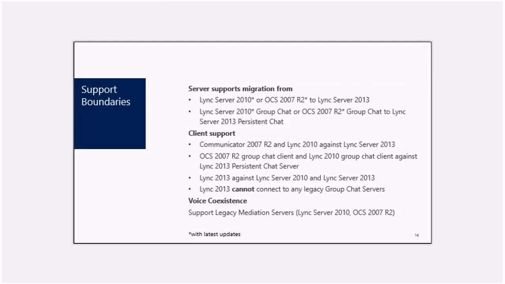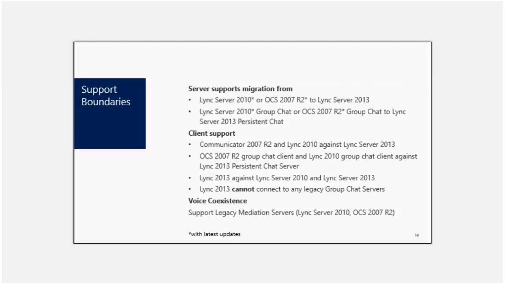So if you're planning a desktop upgrade now or an Office upgrade, your 2013 clients can continue to work with your Lync 2010 server. The Lync 2013 client, however, cannot talk to any of those legacy group chat servers. So if you are using group chat in OCS or Lync 2010, you will need to keep the group chat client around until you migrate the chat rooms to Lync 2013.